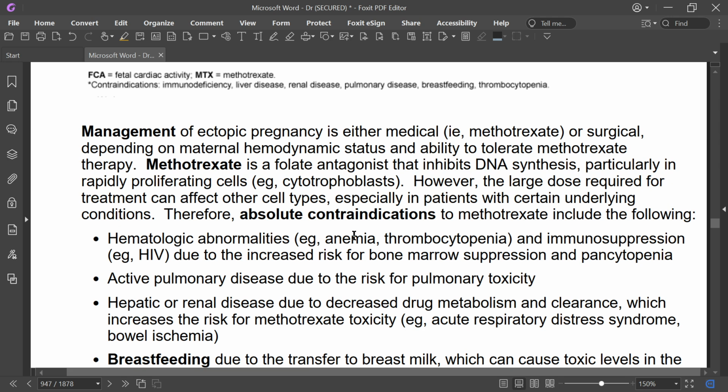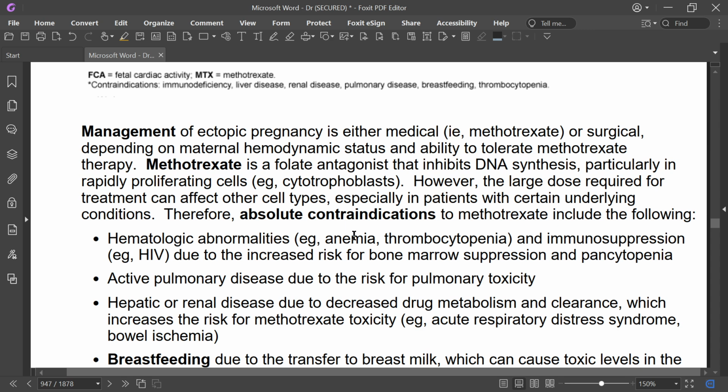However, the large dose required for treatment can affect other cell types, especially in patients with certain underlying conditions. Absolute contraindications of methotrexate include hematologic abnormality, anemia, thrombocytopenia, and immunosuppression, because of increased risk of bone marrow suppression and pancytopenia, so MTX should be avoided.